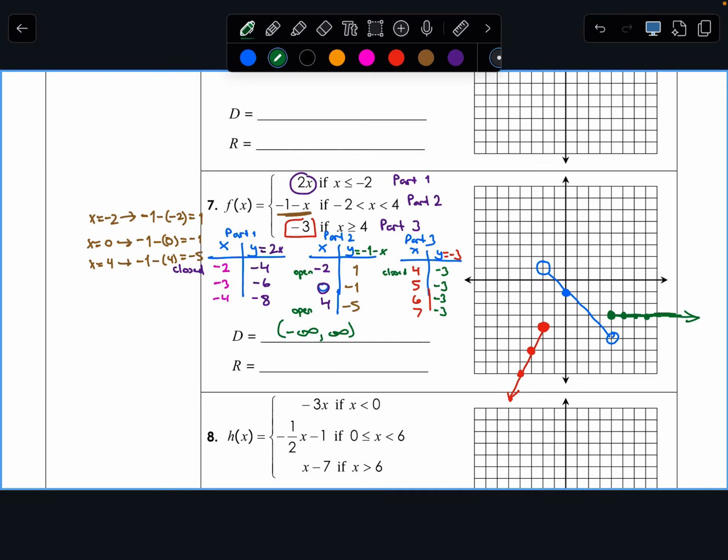So I'm going to go to negative infinity, and there's no stopping until I get to this circle right here. What is the value of y right here? It's 1, right? So basically your range would be negative infinity to 1, and is this going to be a bracket or parentheses? A parentheses. That's it. Thank you so much.